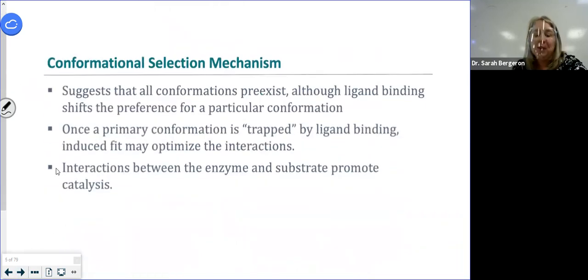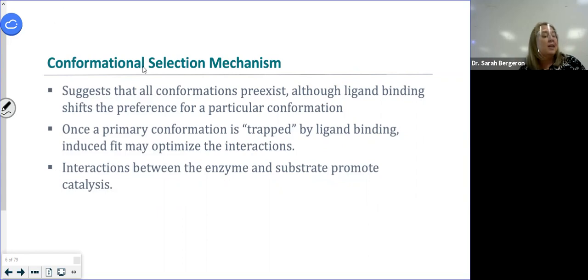If we use this basic theory, what we can say is that there are tons of different conformations that are possible for a protein, right? We actually see that when we look at structure in NMR. We get lots of different results from an NMR and we put it together.